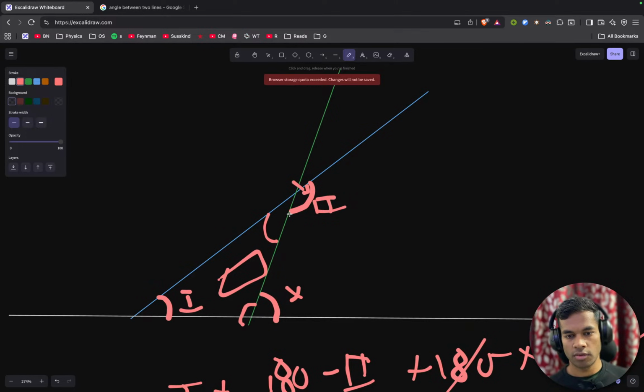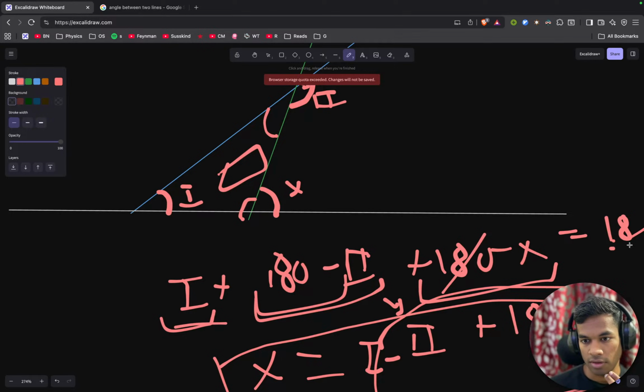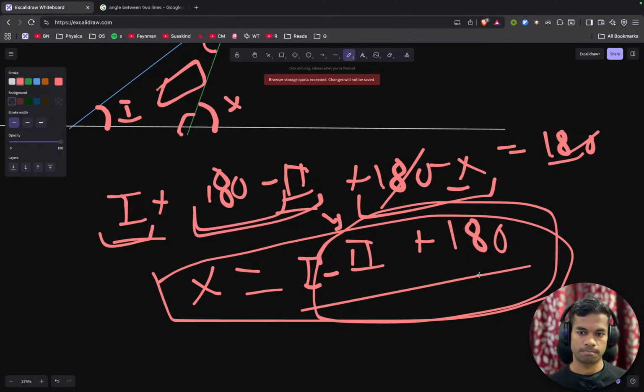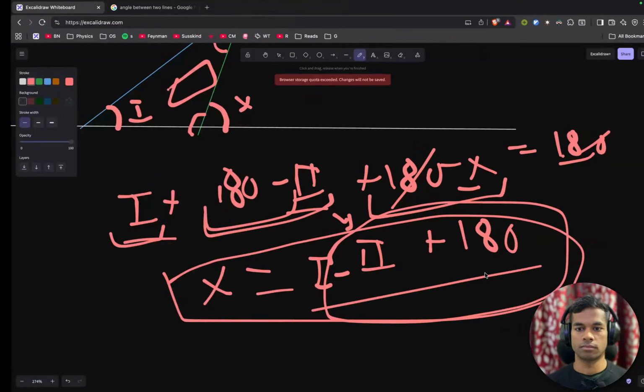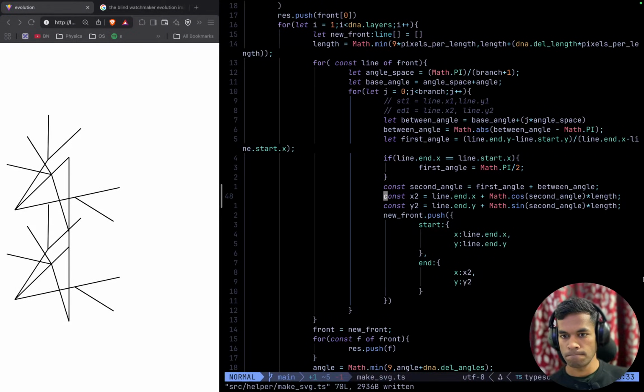Angle number one plus 180 minus angle 2, plus this angle, is 180 minus x, which is totally equal to 180, and at the end x would be equal to angle number 1 minus angle number 2 plus 180, which is exactly what we are using. Yep, this should have worked.